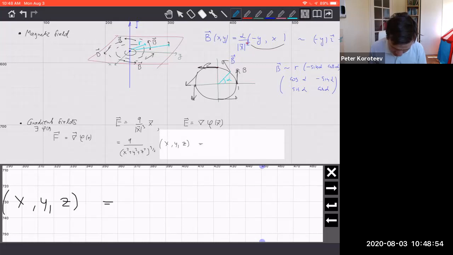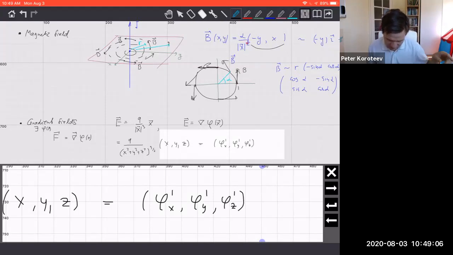So it should be phi_x, phi_y, and phi_z, the partial derivatives. It's a vector whose first component is the derivative with respect to x, and so on and so forth.